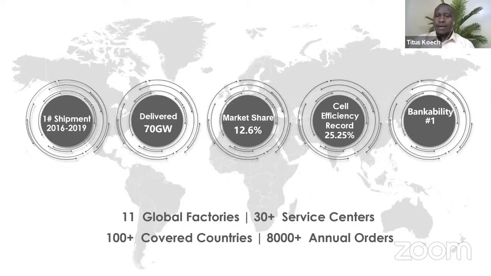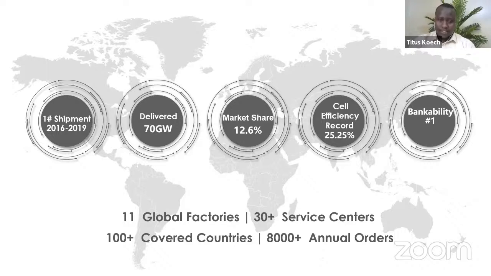We managed to top in terms of module shipments from the year 2016 to 2019. And currently, close to 70 gigawatts of Jinko Solar modules have been installed. That translates to close to 12.6%, which is the current market share. So this tells you that for every 10 modules, at least one would be from Jinko Solar.